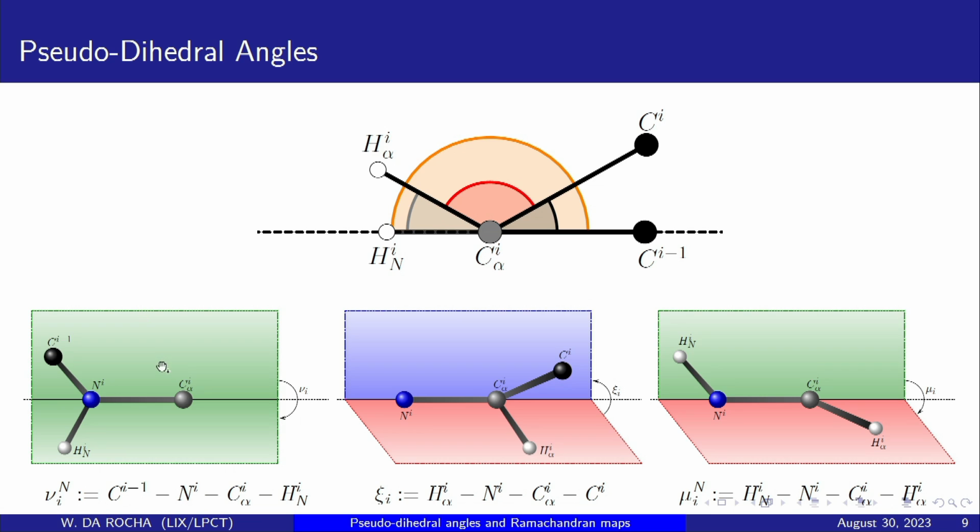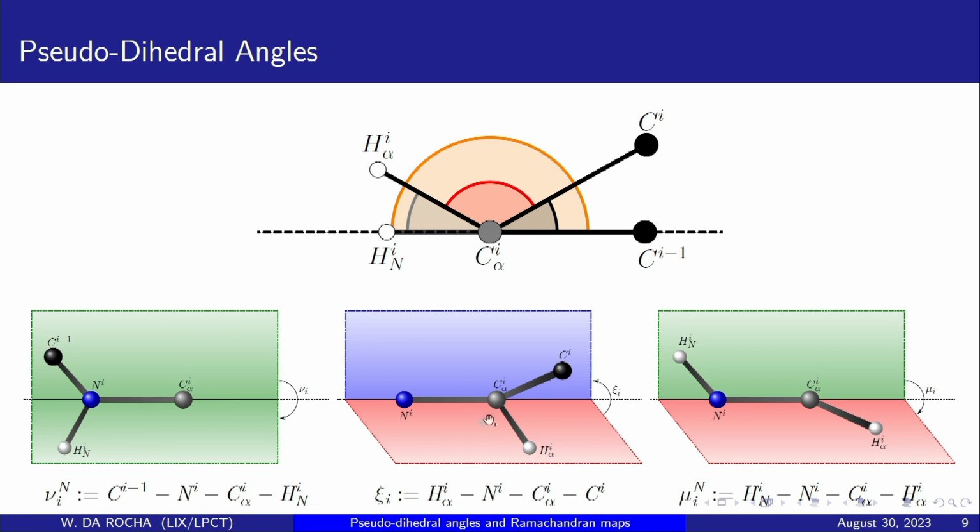The angle in orange here, we can see, is a dihedral angle defined like this, but from the point of view of biomolecular structure, we must call this angle a pseudo dihedral angle, because this angle is not defined like this one here. We don't have one bond between all the atoms in sequence, and because of that it should be called a pseudo dihedral angle. And this one is the orange one.